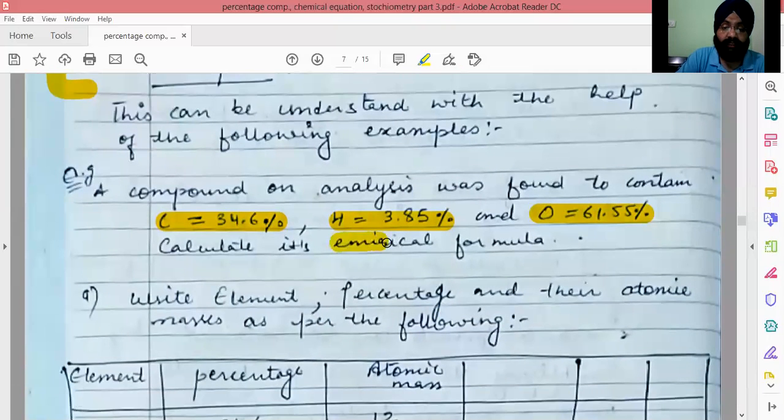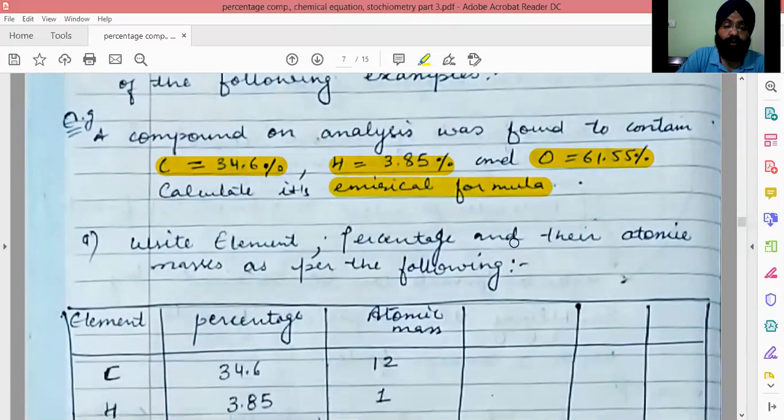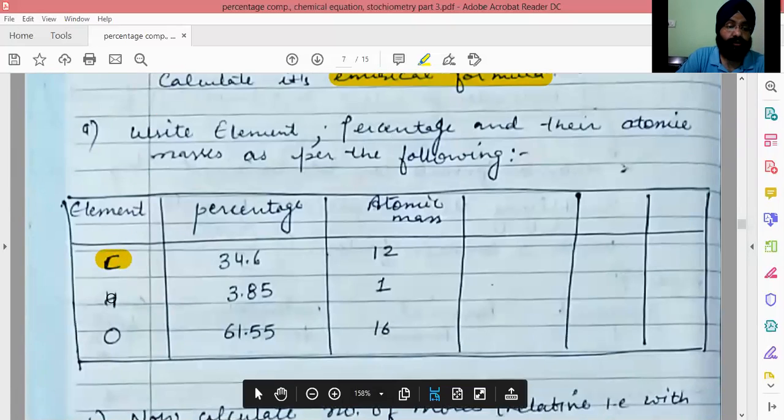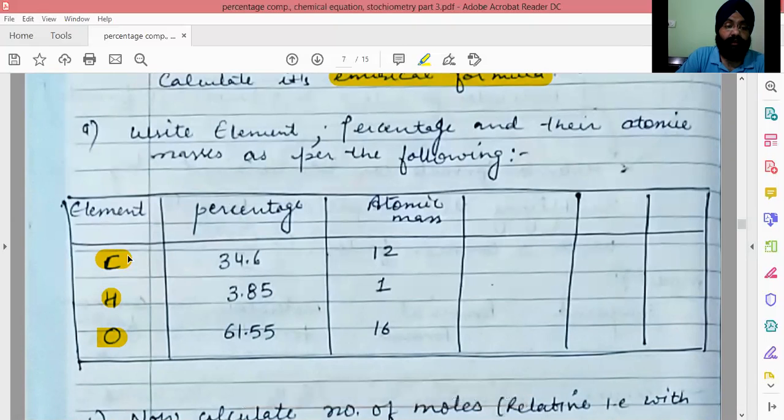Now we have to determine its empirical formula. How can we get the empirical formula from the percentage composition of the compound? First of all, write all the constituent elements of the compound in a column like this. Then, against each element, write its percentage composition in the compound.